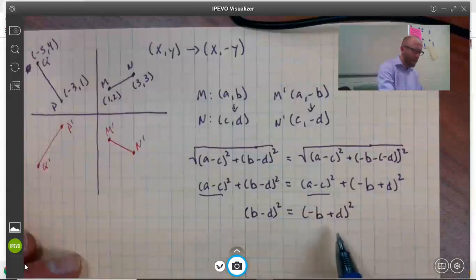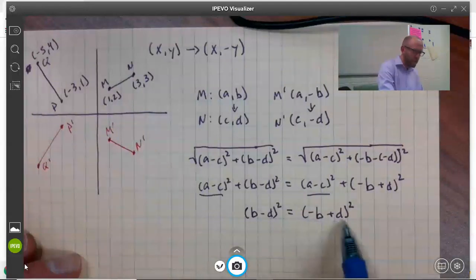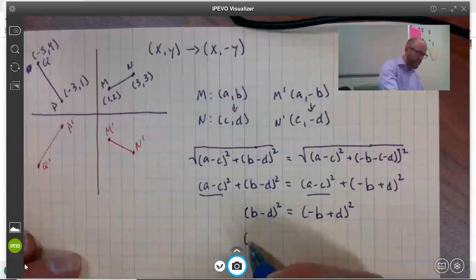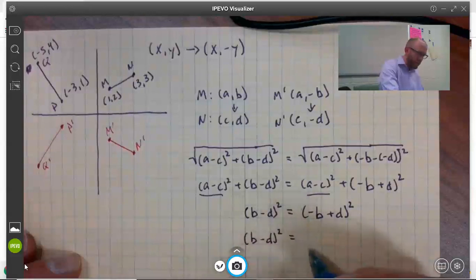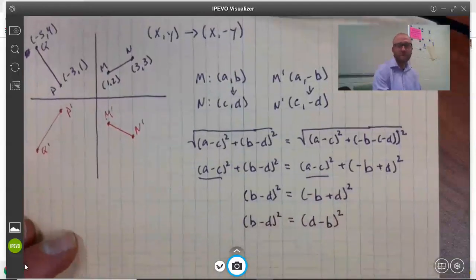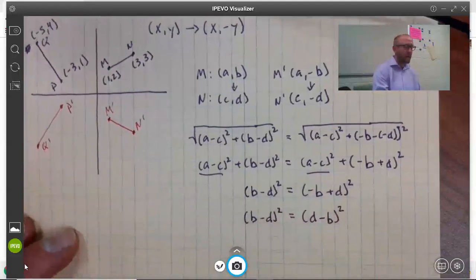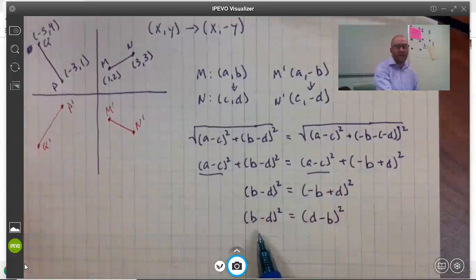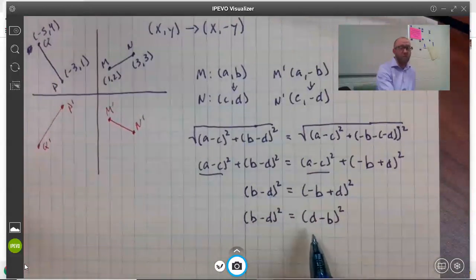And notice here that we could rearrange this as B minus D squared, and then over here I'm just going to rewrite this as D minus B squared. Now, by the way, if you ever test this out, if you take two numbers and you subtract one from the other, and then you reverse the order and subtract the other way, you just get opposites.